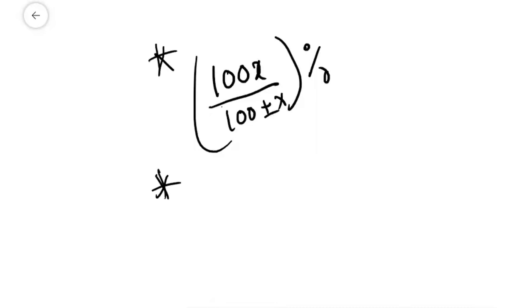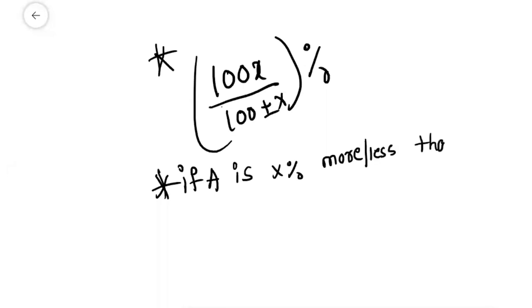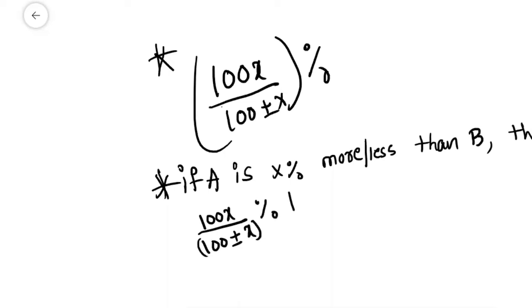Please write down. If a is x percent more or less than b, then b is 100x by 100 plus or minus x percentage less or more than a.